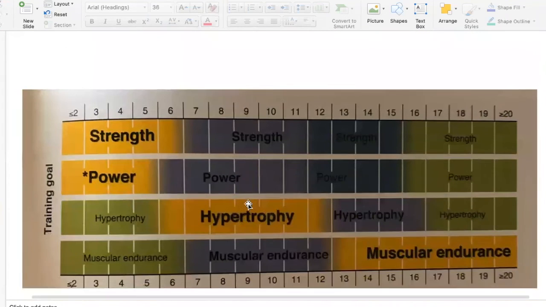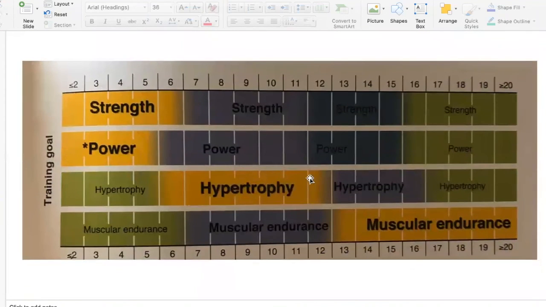And the research says that at least 85% of the time, if it's going to be published, it works. So I work here in terms of my reps, and I manipulate these instead of my percentages of my 1 rep max, and that helps me a lot.